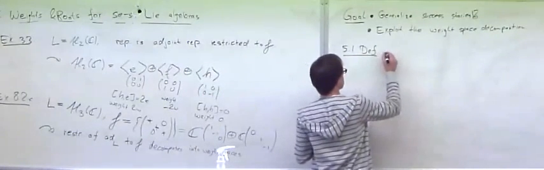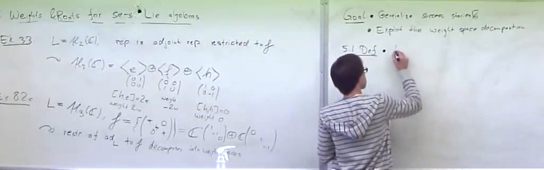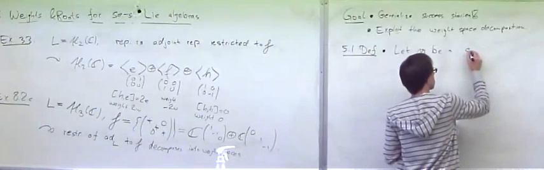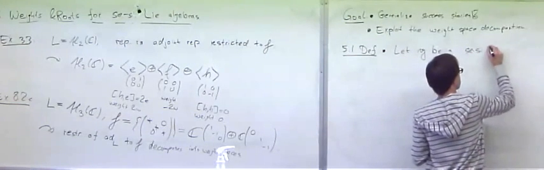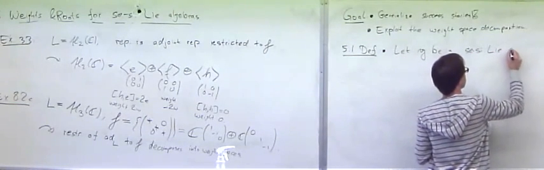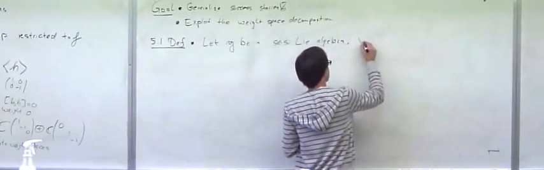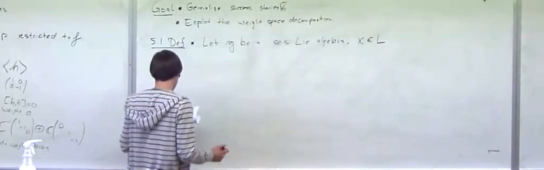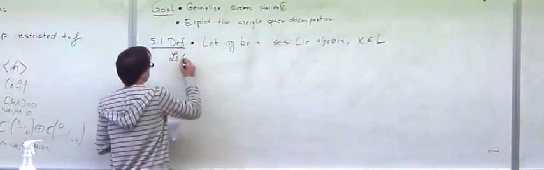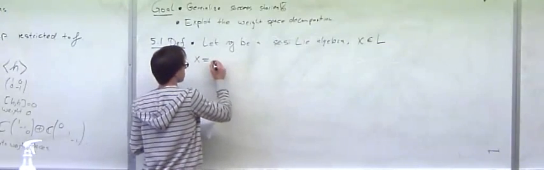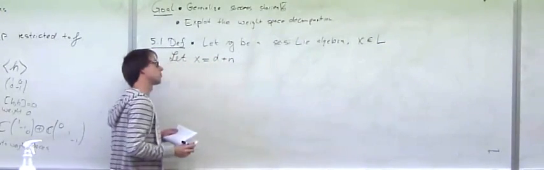Two parts. First is, we start with a semi-simple Lie algebra as usual, and x any element, and then we have this abstract Jordan decomposition, x equals d plus n.